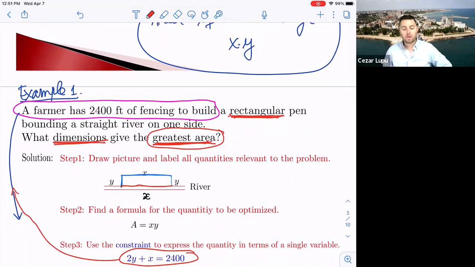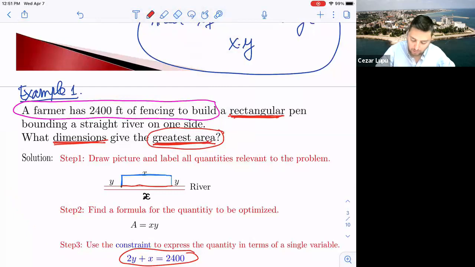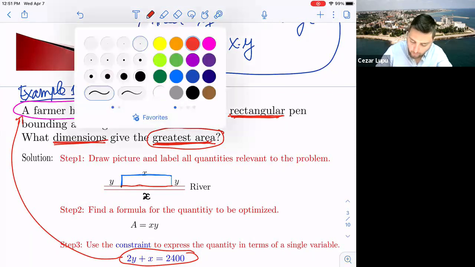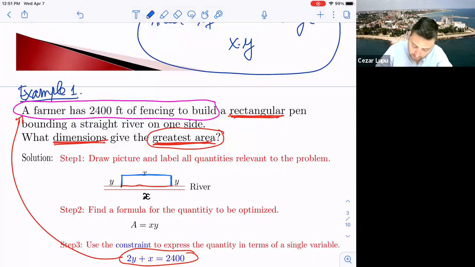So the constraint is that 2y plus x is 2,400, right? I have only these portions here, only this, this, and this.